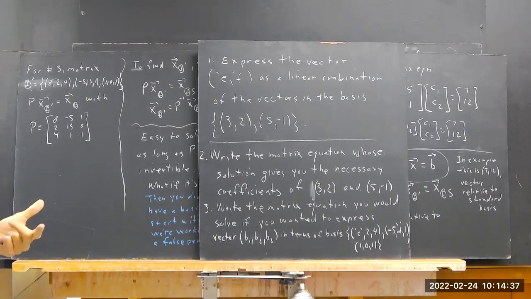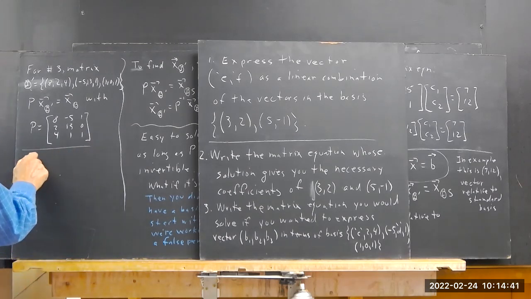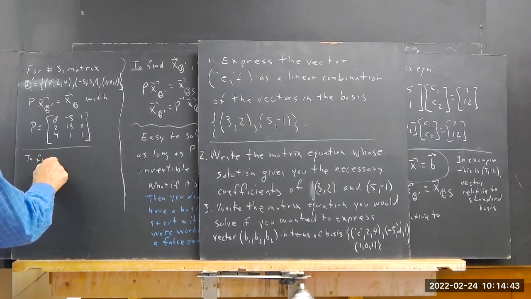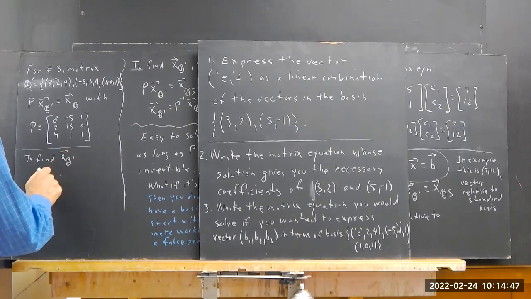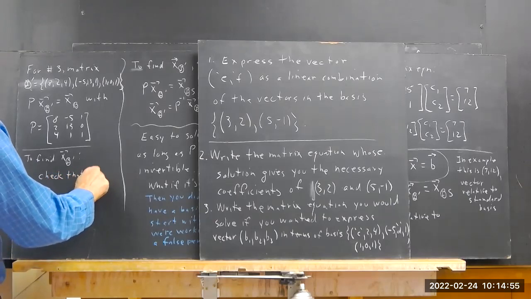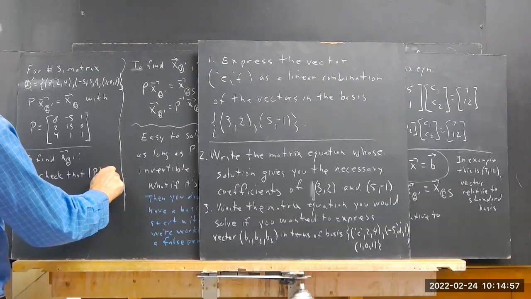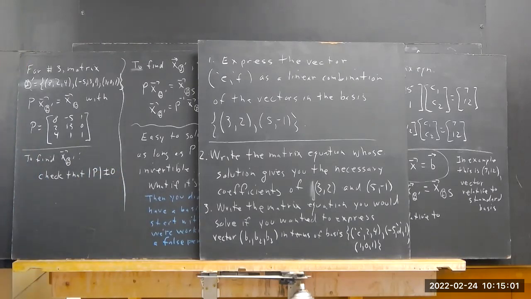So what we do is find x B prime, check to see if it is non-singular.